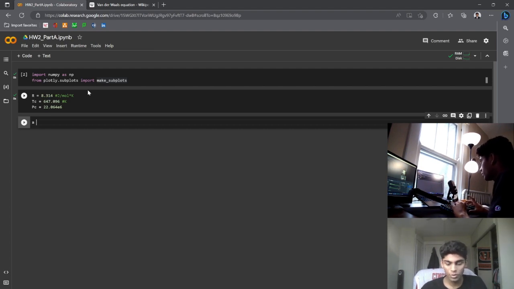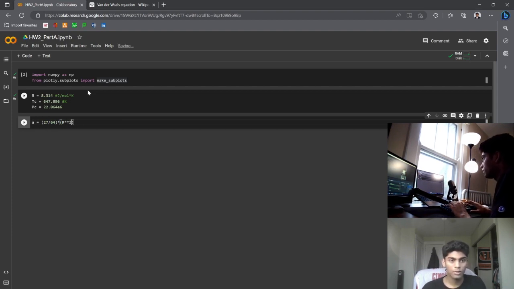So A is going to equal 27 over 64 times R squared. Can I remember if it uses the double asterisk or the caret? I think it's double asterisk.